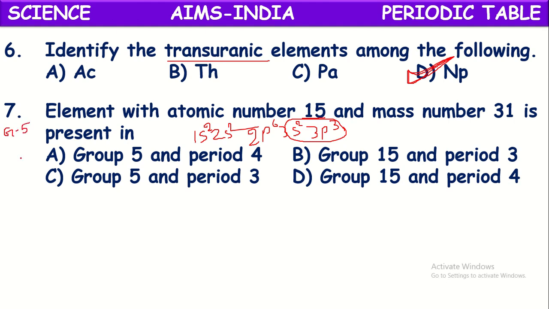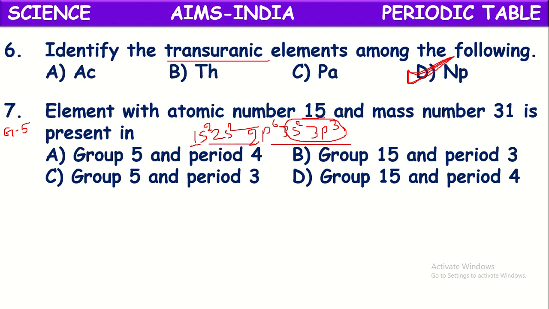Next, period number. The number of shells in its configuration, or the highest shell number existing in the configuration, gives its period number. The highest shell for this element is the third shell, because it has three shells: first, second, and third.